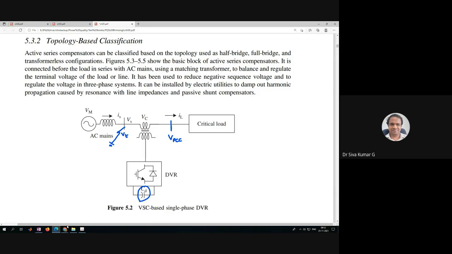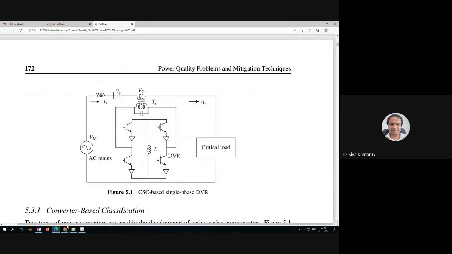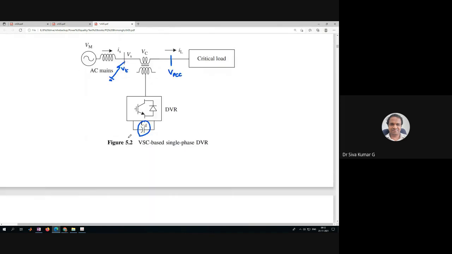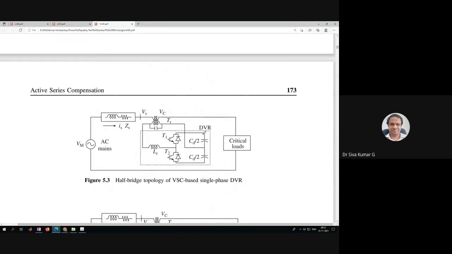This is about the voltage source converter based single phase DVR, and we also have a current source based single phase DVR. This is about the topology, and obviously we can understand how it starts functioning. In this particular textbook, they have mostly given the capacitor, but even then the capacitor is there, it still has to be charged by an external source.